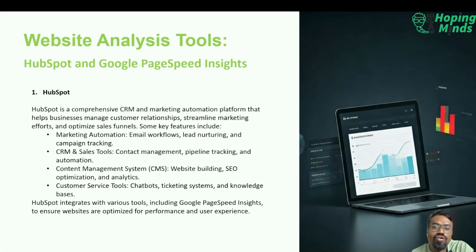Now, how is HubSpot important for backend management, right? HubSpot helps businesses manage customer relationships, streamline marketing efforts, and optimize sales funnels. There are some key features that include marketing automation.